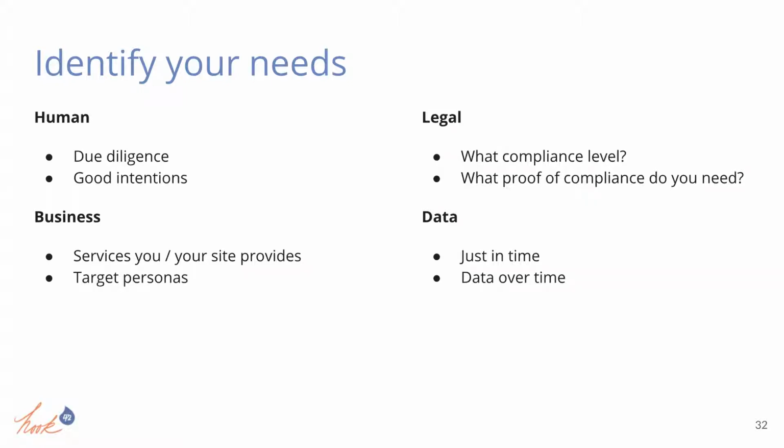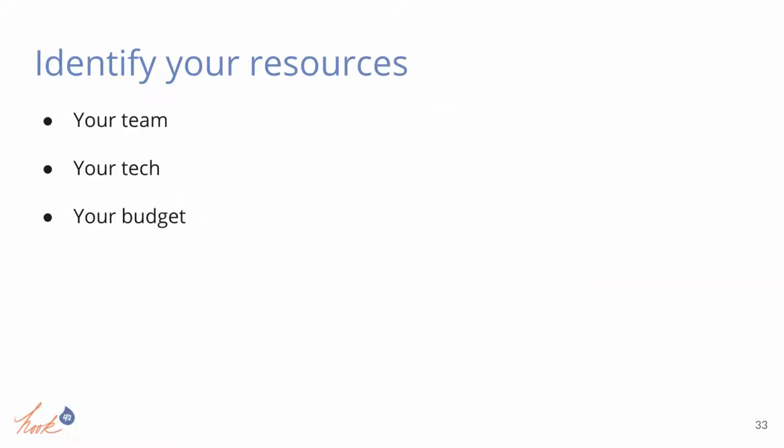If your business wants to provide more services to more people, or if you have target personas within one of the groups that would really benefit from accessibility, then that's good. Also, if you are required legally to do accessibility, what is your compliance level? What proof of compliance do you need? Do you need the data just in time, just to make sure it's there, or do you need to track data over time for proof of change, proof of improvement, that type of thing?